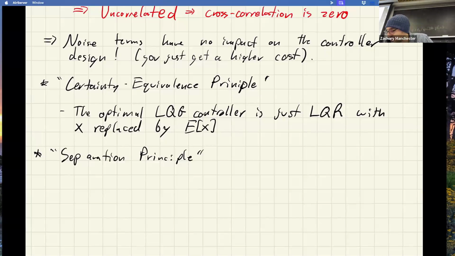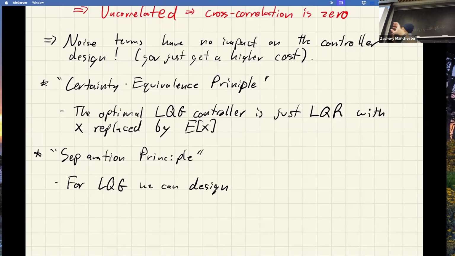Cool. Yeah, so okay, then the separation principle thing. These are closely related ideas. Basically what this says is for LQG, the idea here is like if I do LQR and plug in expectation of X, that's it. And so what this tells you is you can design the controller basically assuming it's a deterministic problem.